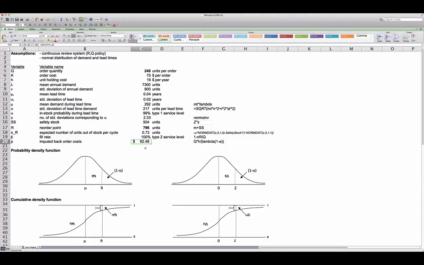And now the question becomes, is this still realistic? Or conversely, if I set an alpha target of, let's go back to the initial 90% value, then I get a backorder cost of just about $6.25. Again, I cannot tell you whether or not this is the right value, but at least it gives me a checkpoint to see whether my assumptions, whether my managerially defined service targets actually make sense.